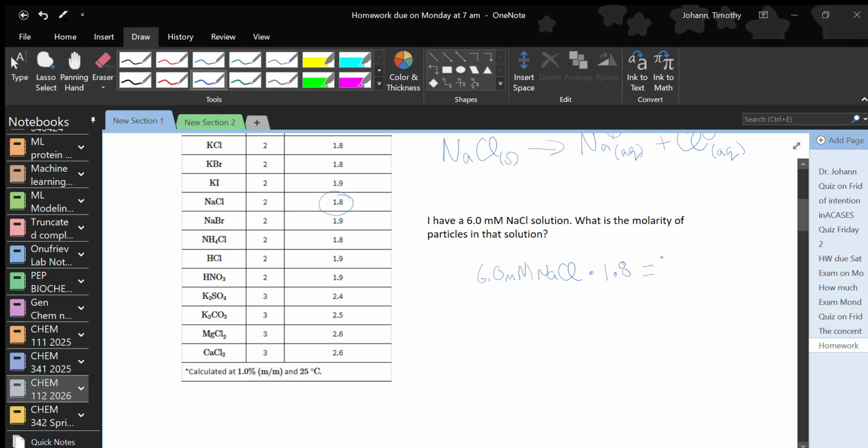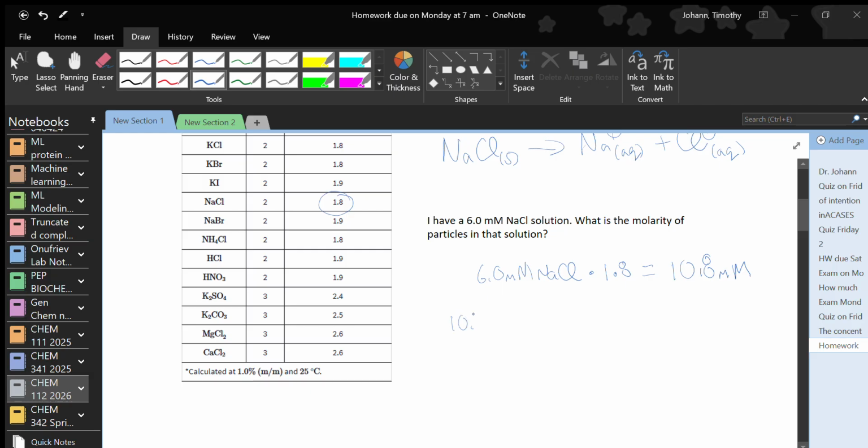So 1.8 times 6, I feel like I should be able to do that in my head, but that's going to be 10.8 millimolar. I did ask for the answer in molar, right? How many millimoles in a mole? 1,000, right.